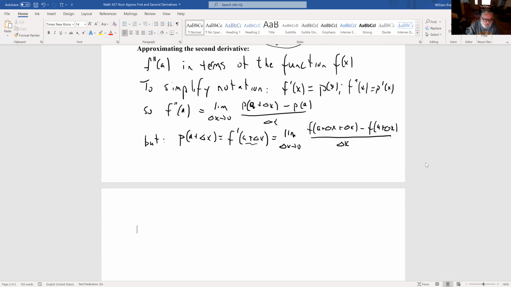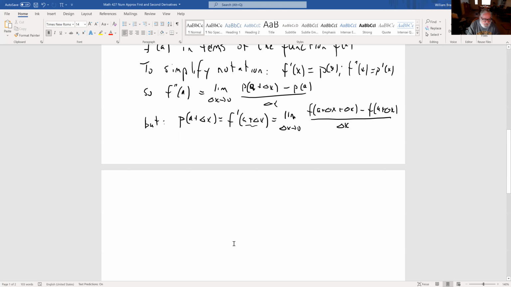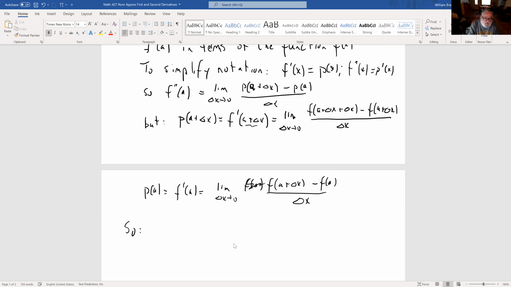So p of a, now that's f prime at a. That's the limit as delta x goes to 0 of f of a plus delta x minus f of a all over delta x. So f double prime of a, what's that?